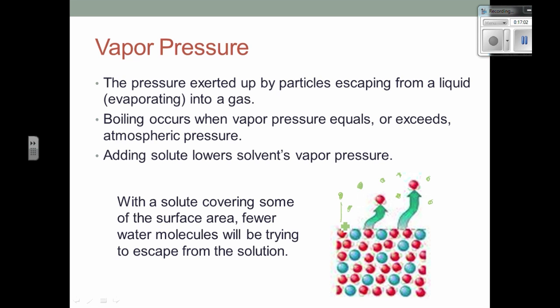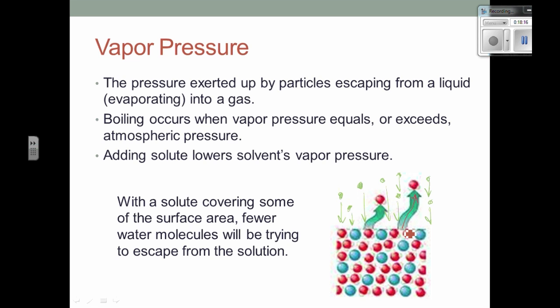These air molecules are pressing down on this liquid with a pressure, and that is our pressure of the atmosphere. So when our vapor pressure equals or exceeds the atmosphere pressure, then right here we have water molecules that are able to escape and become in the gas phase.